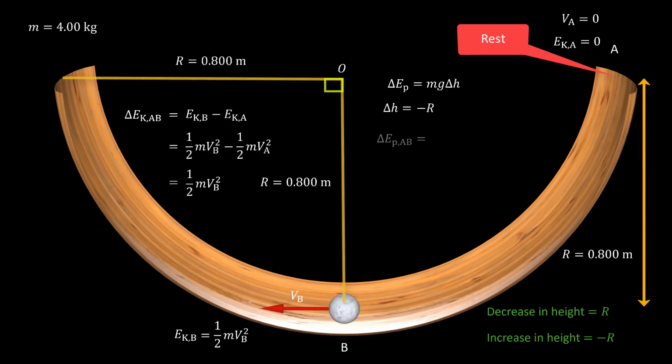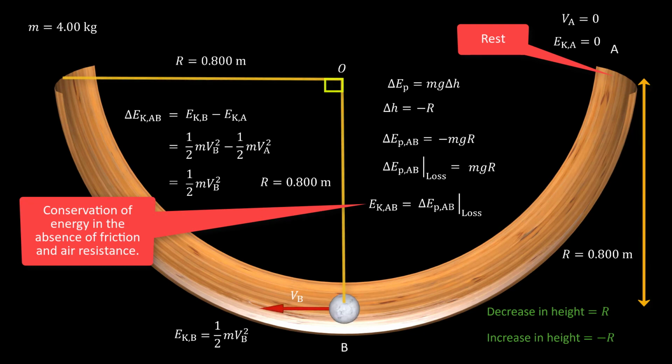Hence, we obtain delta EP AB, the AB simply means from A to B, equals to minus mg capital R. The minus is simply telling us that this is a decrease in gravitational potential energy, which can be written as EP AB loss equals to mg capital R. Then we can equate delta EK AB equals to delta EP AB loss, which is simply the conservation of energy in the absence of resistive forces.